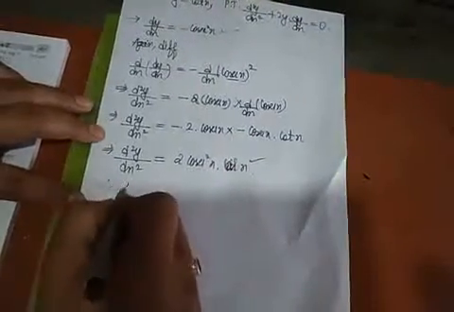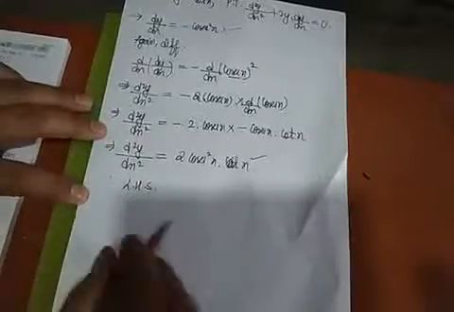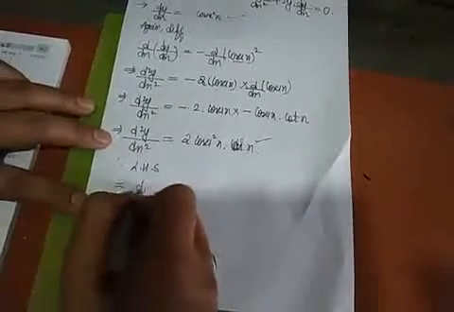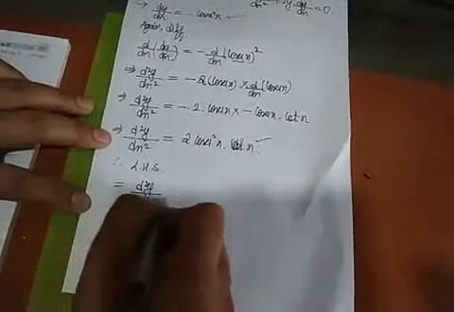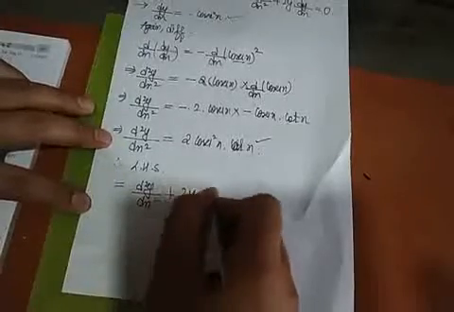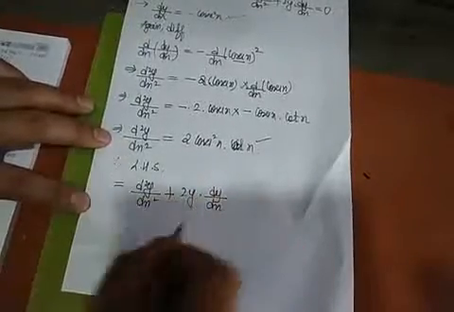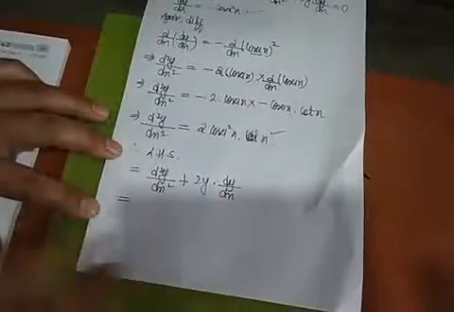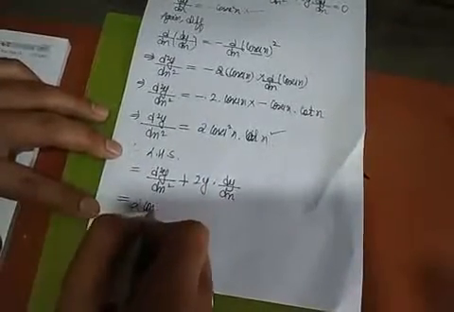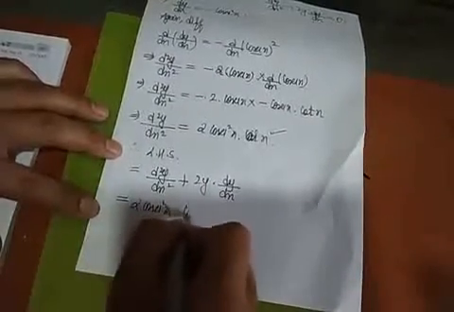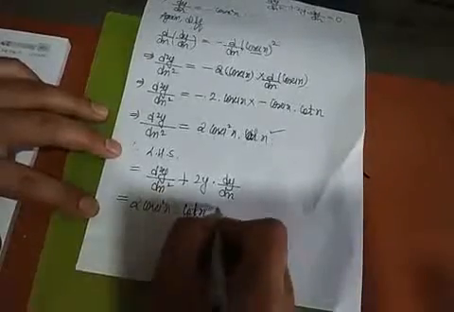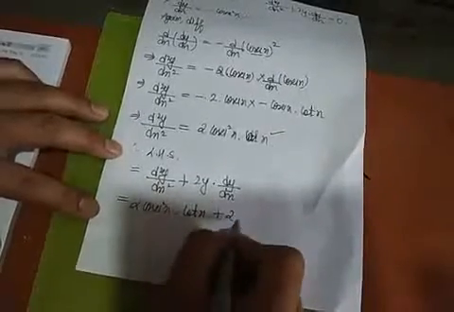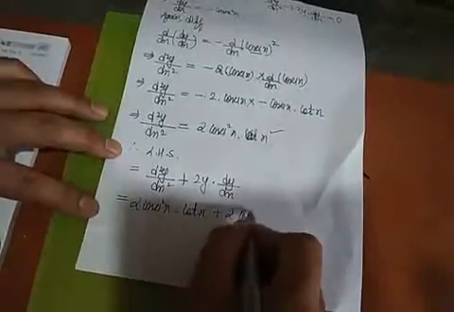So let us see in the left hand side now, just substituting the values. d2y by dx square plus 2y into dy by dx. Remember that we have to prove it as 0. Let's start putting the values. The value for d2y by dx square is 2 cosec square x into cot x, plus 2 is there. What is the value for y? The value for y is cot x.